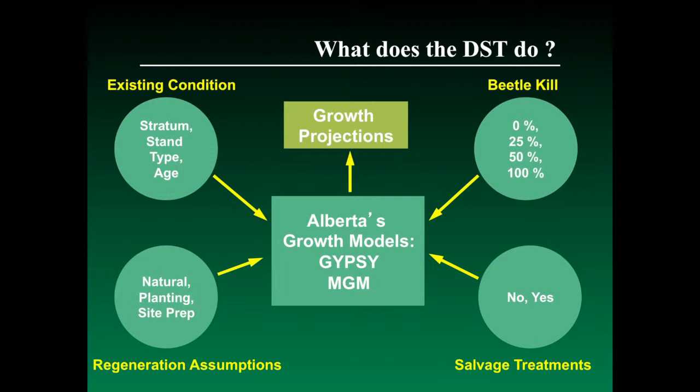The user is given some latitude in specifying the kinds of stands for which they want simulations done, in terms of vegetation strata, stand structure, and stand age. There are a limited suite of management interventions possible in terms of natural regeneration, planting, and site preparation. And the user can either turn on or turn off salvage. The model then takes all those inputs, runs them through one of the models, and does 100-year projections of stand level mensurational attributes and kicks those out as growth projections.